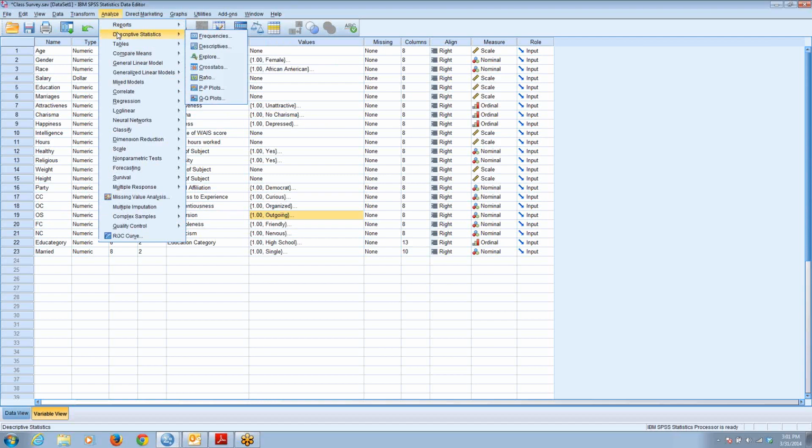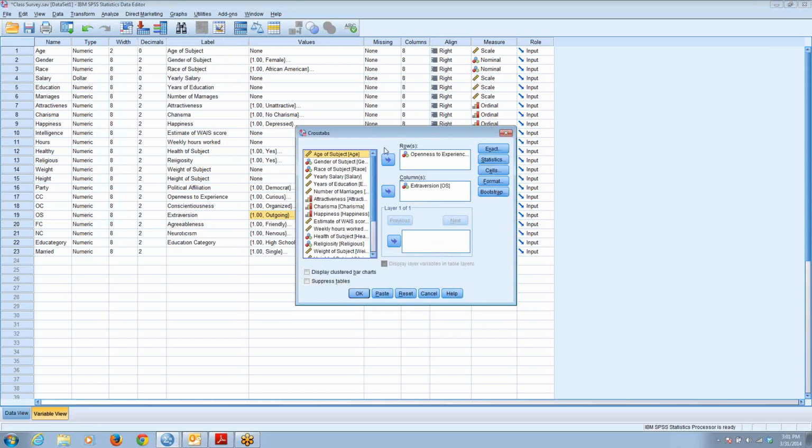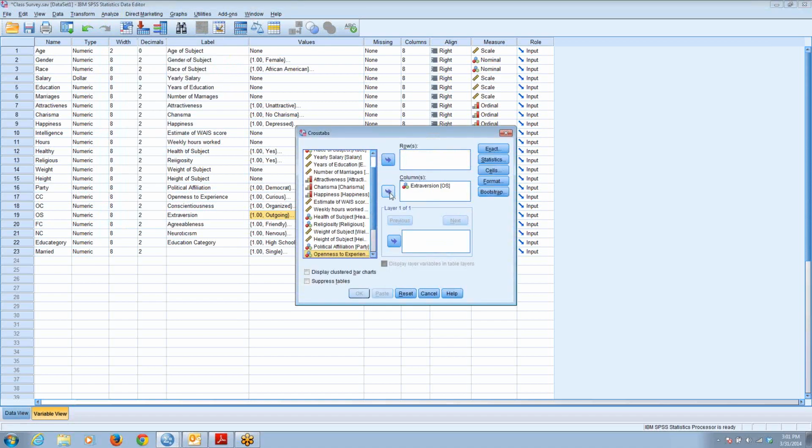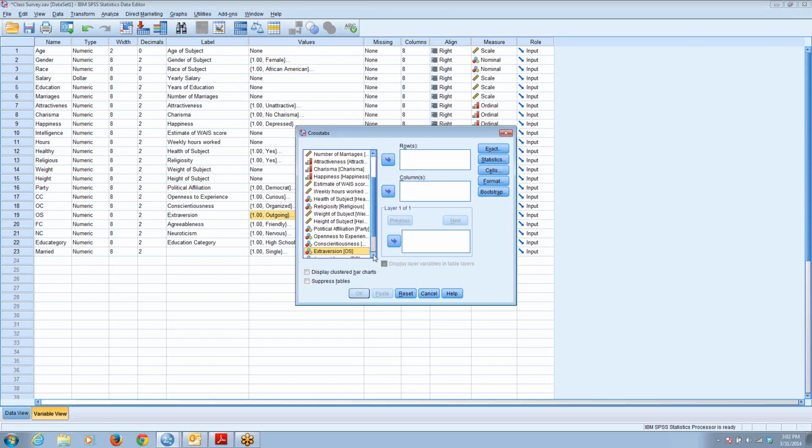We go to descriptives, even though we're not really doing a description, we're doing an analysis, but oh well. And we go to crosstabs, take these things out, and I forgot what I said we would do.